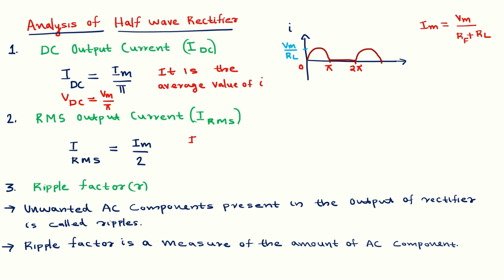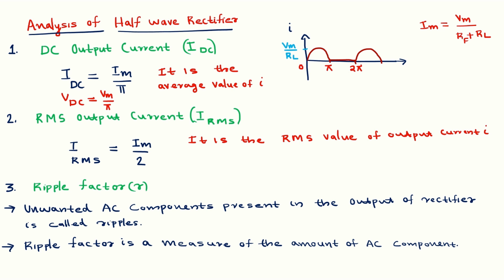It is the RMS value, that means root mean square value, of output current I. It is given by IRMS is equal to Im divided by 2.